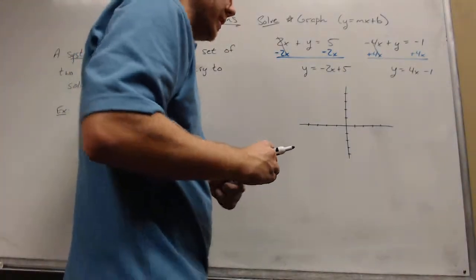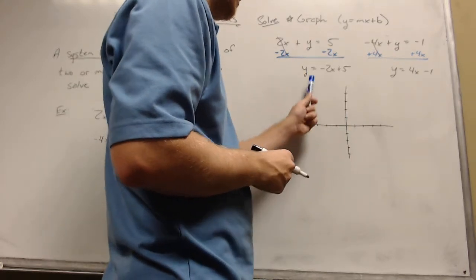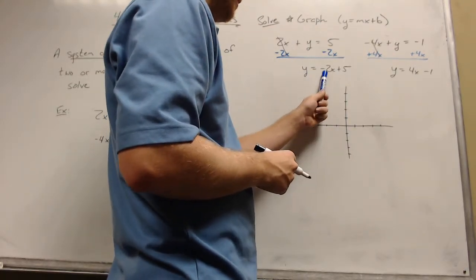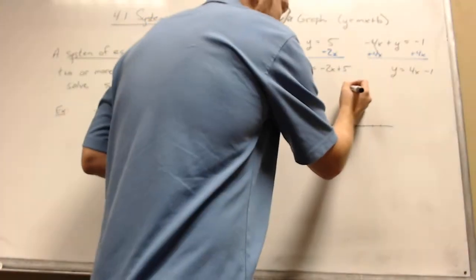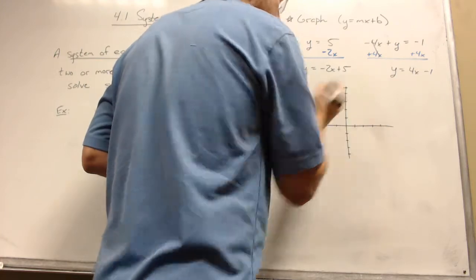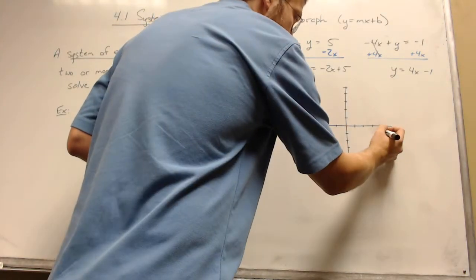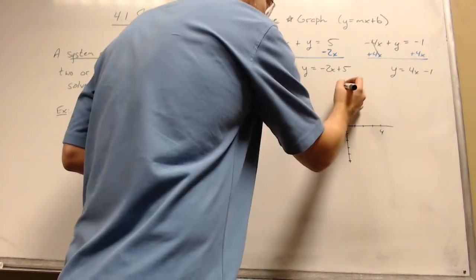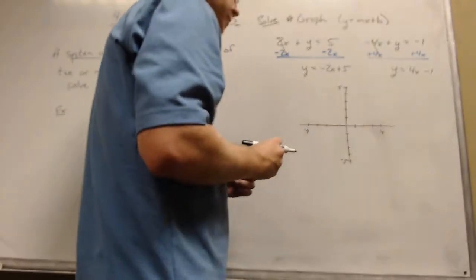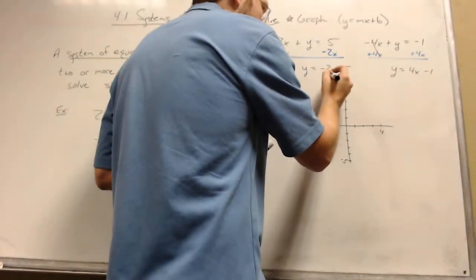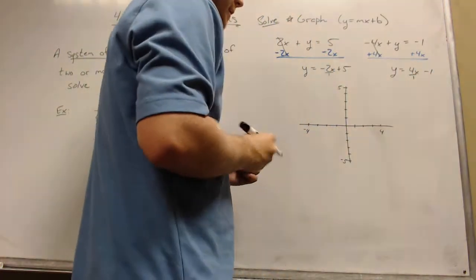I'm going to do this relatively quickly because we already have this skill set. If we're looking at an equation in slope-intercept form, we know the negative 2 is the slope, the 5 is the y-intercept. We need to go up to 5, it looks like. Remember, think of your slope as rise over run, so in both of these cases we should look at it as rise over run.